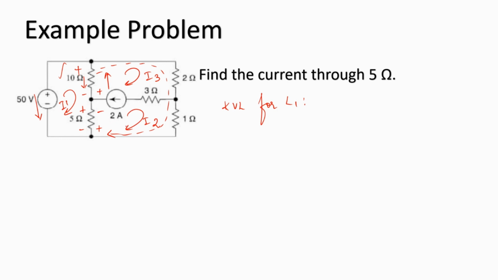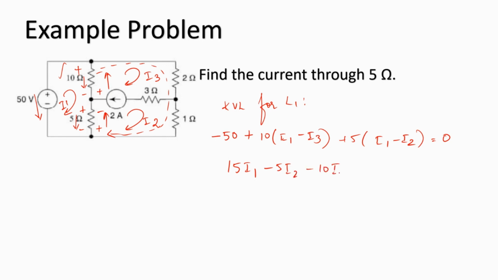So this is due to I1, and this one is due to I2. So let me write the KVL now. That is minus 50 plus 10(I1 minus I3) plus 5(I1 minus I2) is equal to 0. So we can simplify this as 15I1 minus 5I2 minus 10I3 is equal to 50. So this is my first equation.